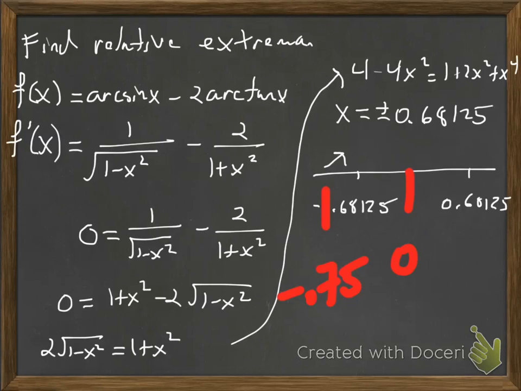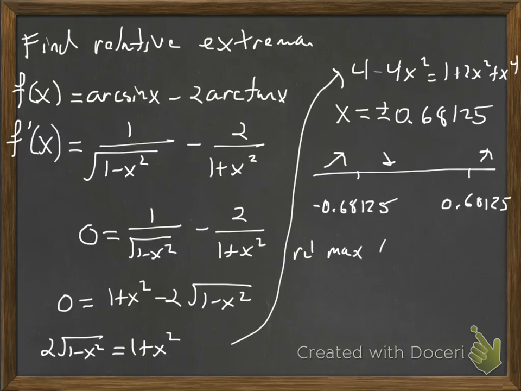Then I could have tested maybe 0 and then 0.75 over here, for instance, in the first derivative. If it is positive, that means the function is increasing. If it's negative, it means it's decreasing. So I went increasing, decreasing, increasing. So here I would have a max, and then I would have a min at those locations, relative.